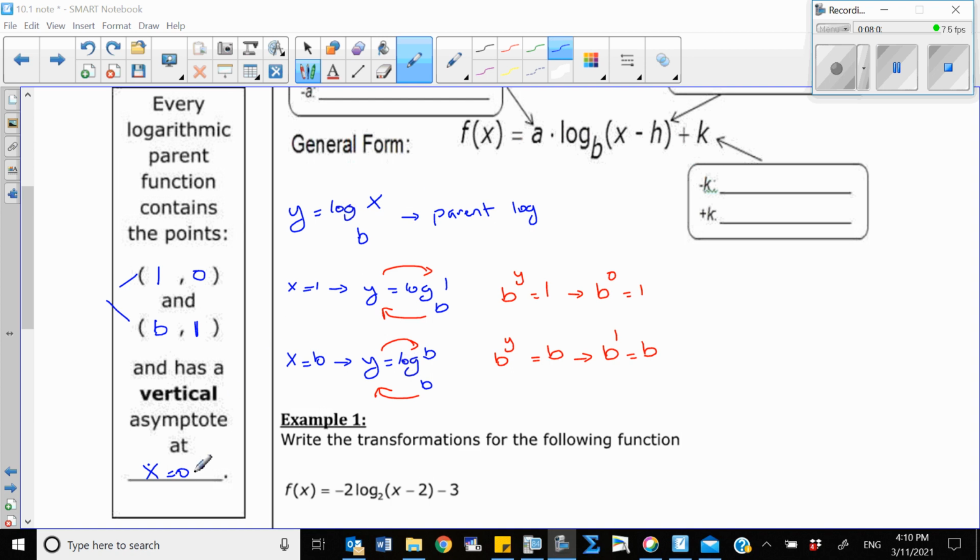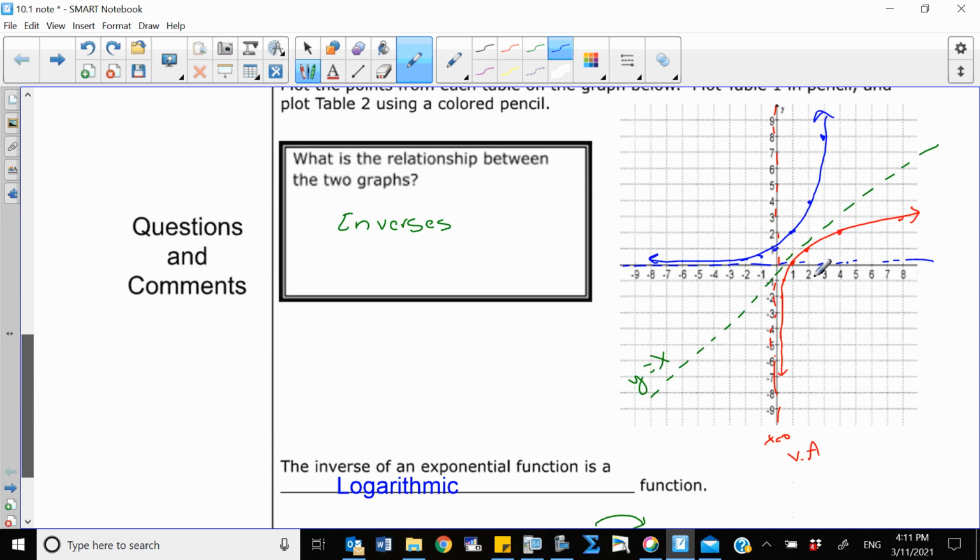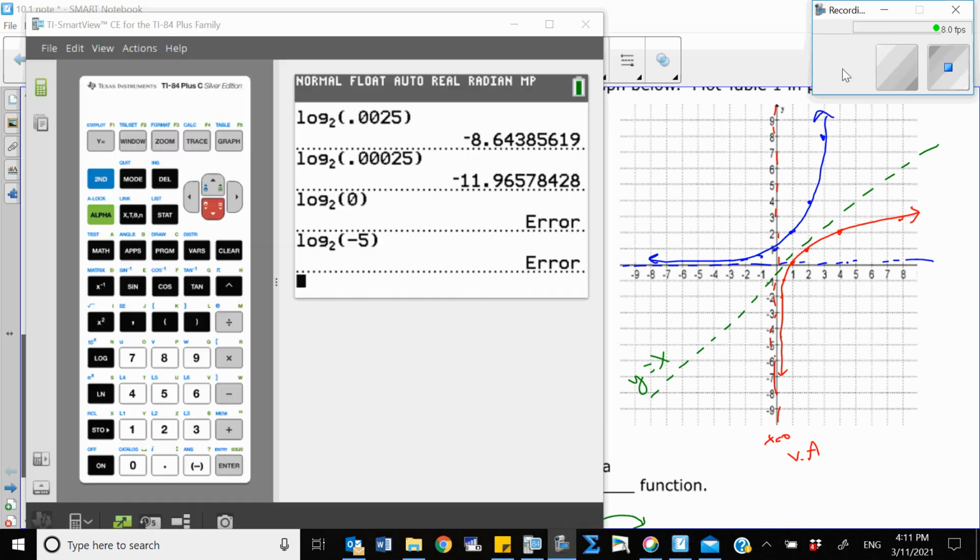Okay, now let's see why we have an asymptote at x equal to 0. So let's go back here on our graph. I'm going to use my calculator to see what is happening here. First of all, how do I find log on my calculator?